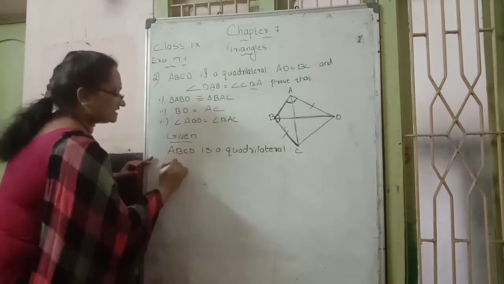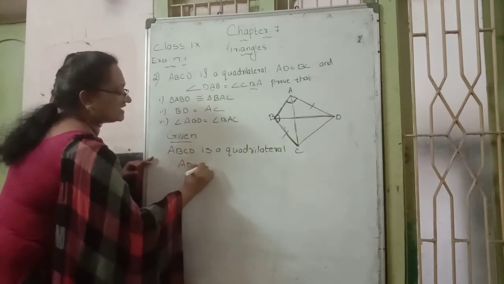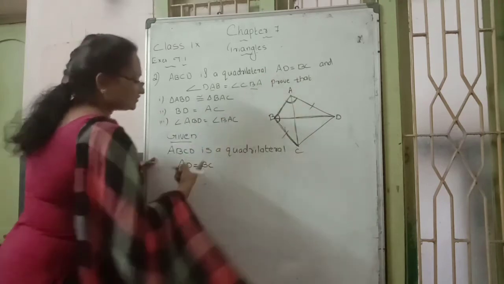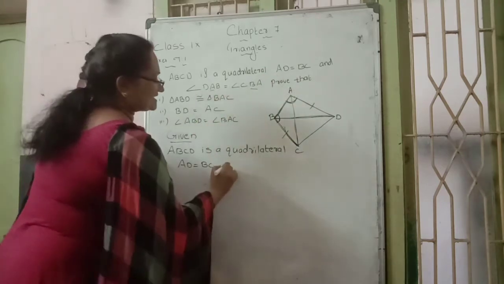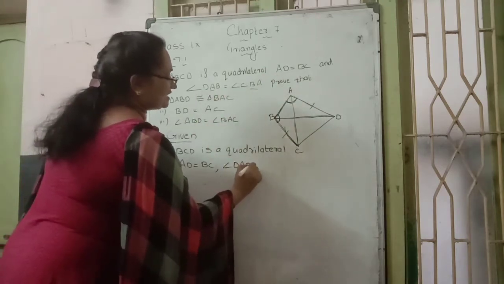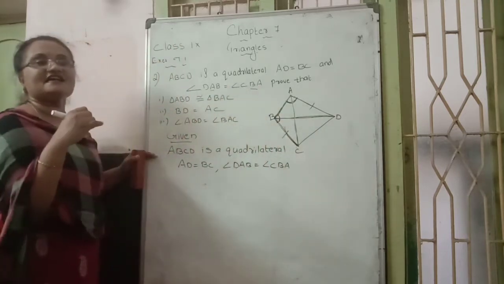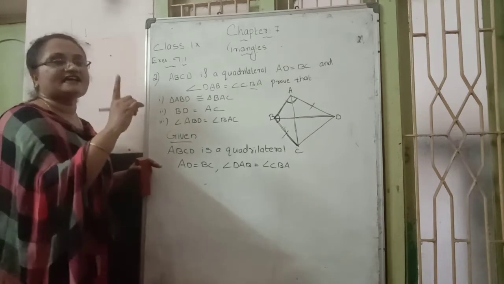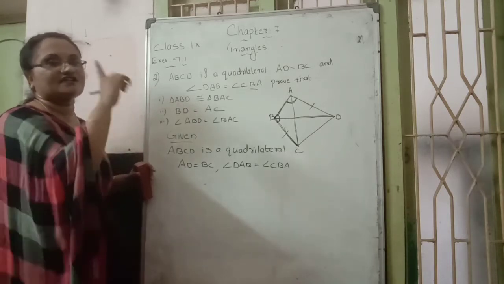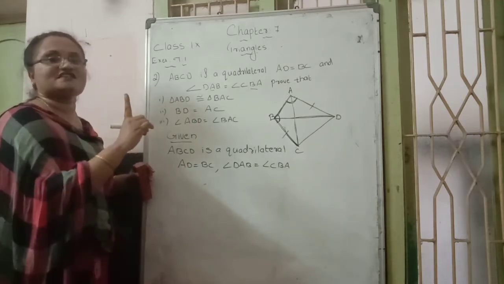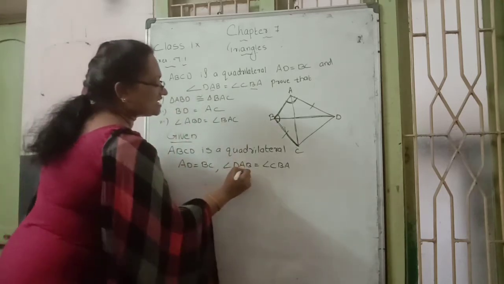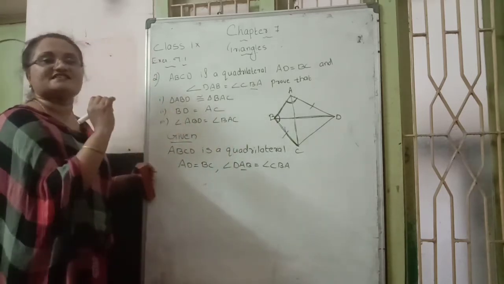Next, side AD and side BC are equal. Next, the angle case: angle DAB and angle CBA are equal. When reading an angle, 3 alphabets are needed, as we already discussed, but the middle alphabet is the vertex.